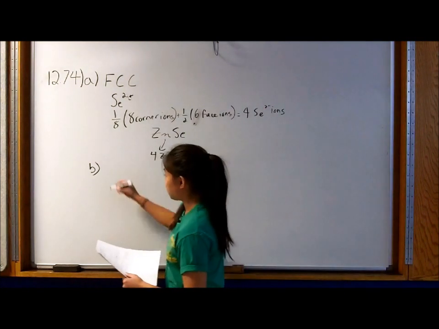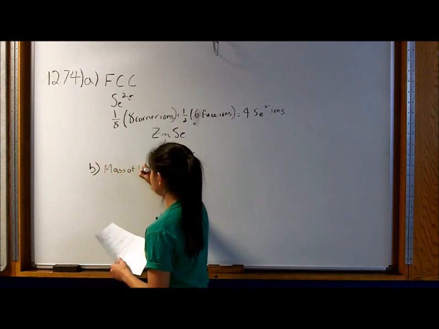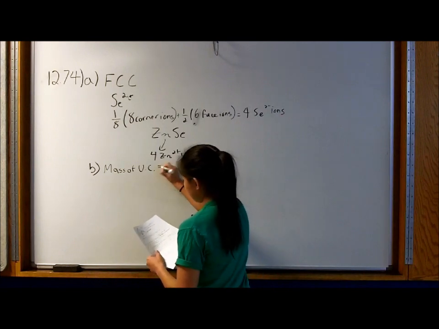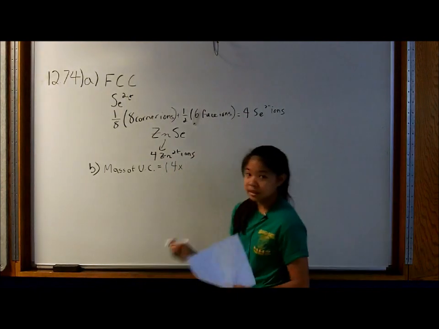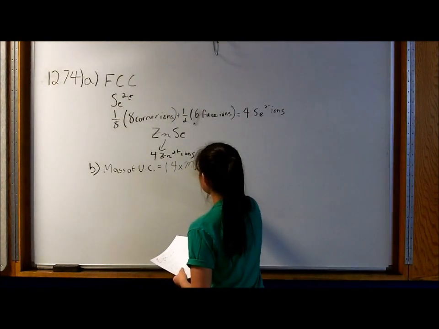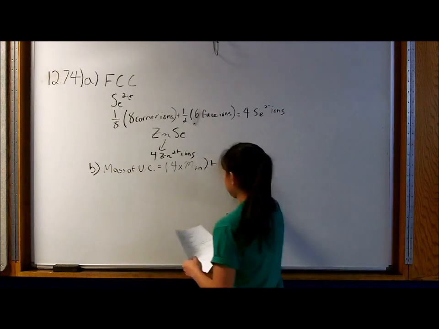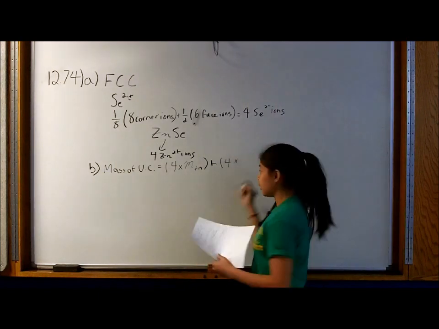Set up your equation: mass of the unit cell, which I'll abbreviate with UC, is 4 times the mass of the zinc atom, M zinc, plus 4 times the mass of the selenium ion.